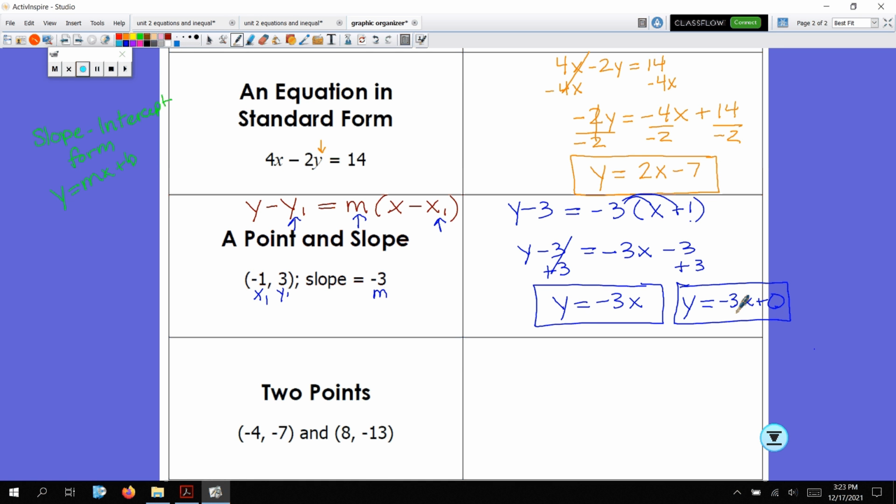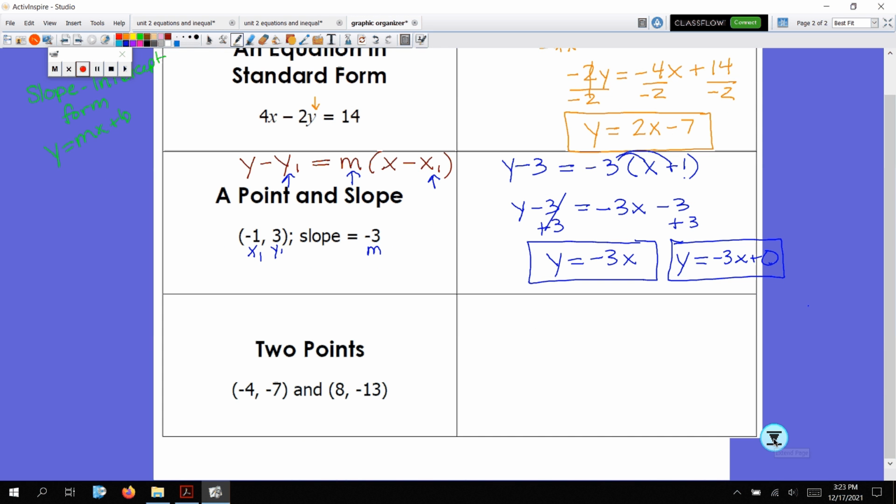Last but not least, two points, which is kind of like a mashup of the slope formula that meets the point slope formula. First, let me remind you of the slope formula: y2 minus y1 over x2 minus x1. So first, let's find the slope. M is my slope.